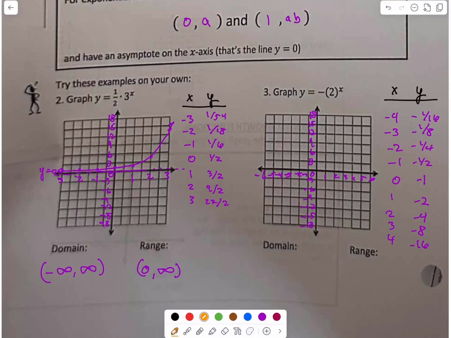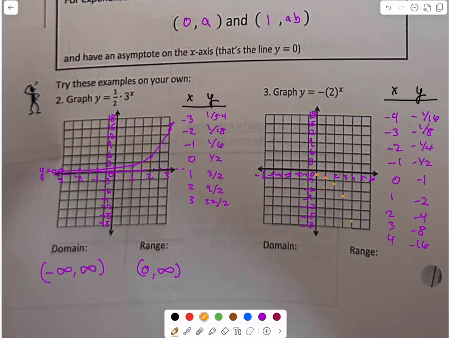Okay. So 0, negative 1 is about here. Over 1 and down 2 is about here. Over 2 and down 4 is about here. 3 and down 8 is about here. 4 and negative 16 is about here.